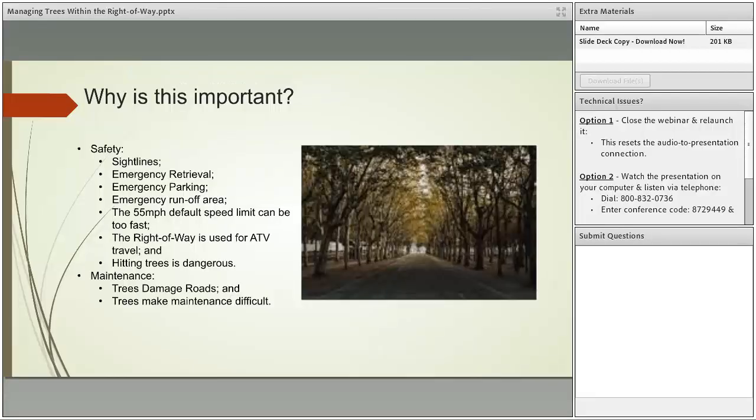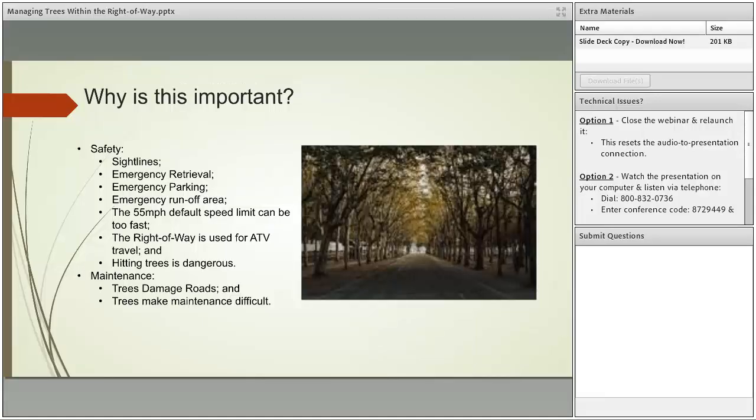Trees get in the way of sight lines. They make it hard to park or to move vehicles into the ditch areas. And trees can be incredibly unsafe as well. When you run into a tree at any speed, and the speed limit of town roads is 55 miles an hour, it can cause serious damage to the vehicle and the drivers inside.